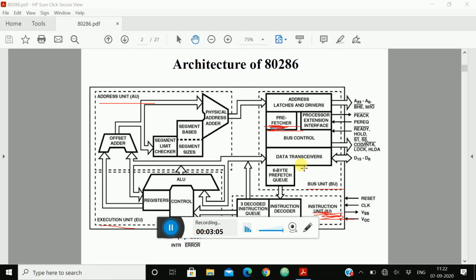Now what is the function of the execution unit? It executes the instructions from the instruction unit, sequentially.